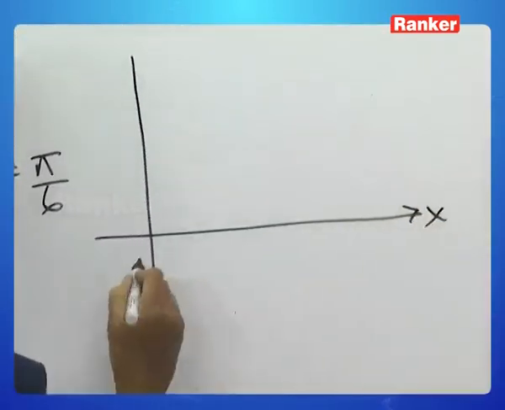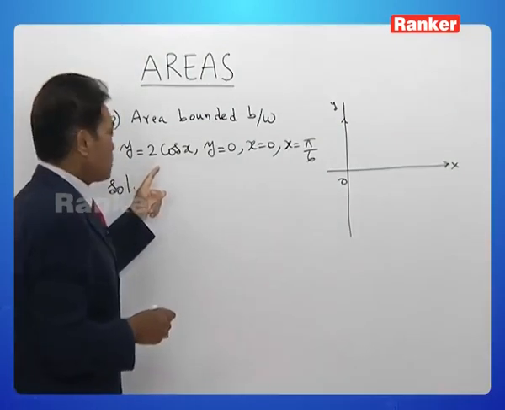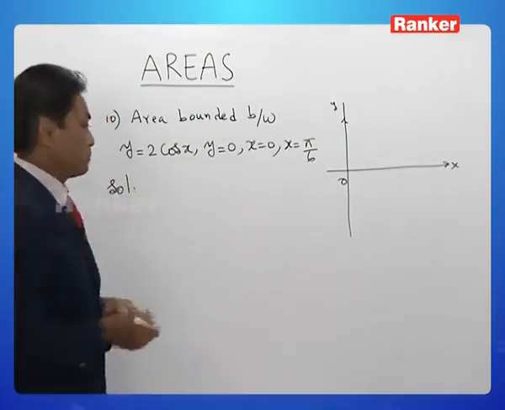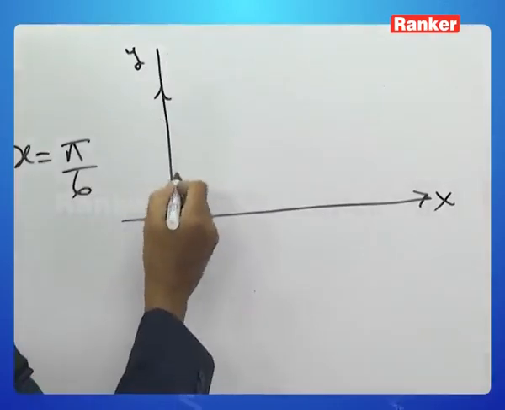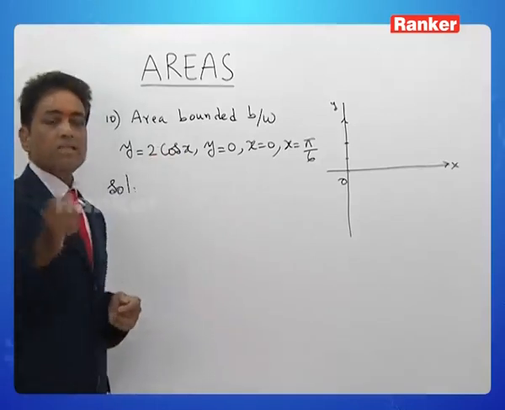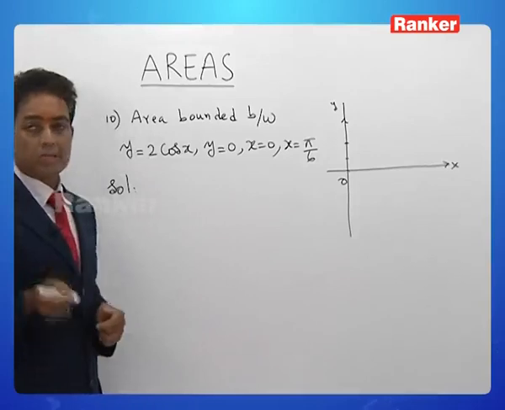This is x axis as usual, y axis and origin. Now, put x is equal to 0, 2 into cos 0, that is 2 into 1. So, at 0 it is somewhere here. Now, put pi by 6. What is cos pi by 6? Cos 30, root 3 by 2 into 2, that is root 3.